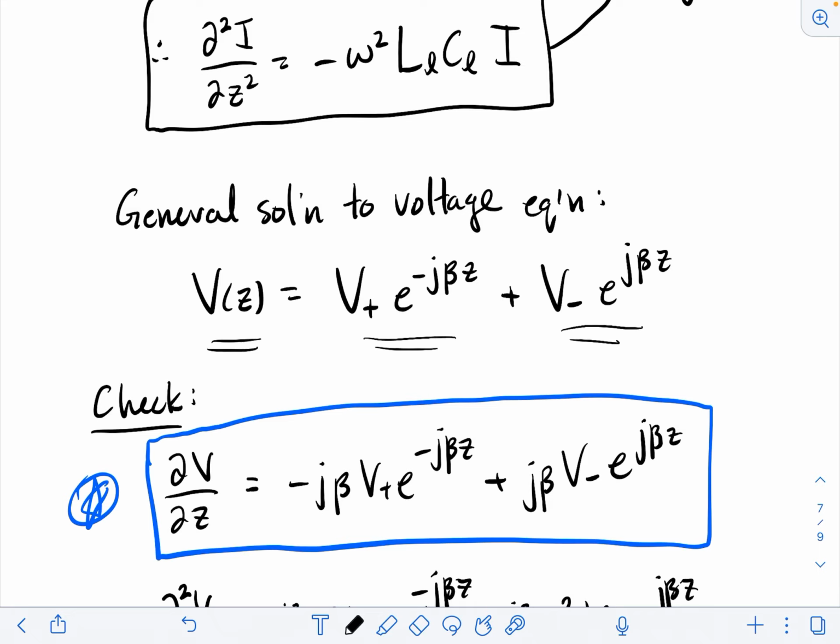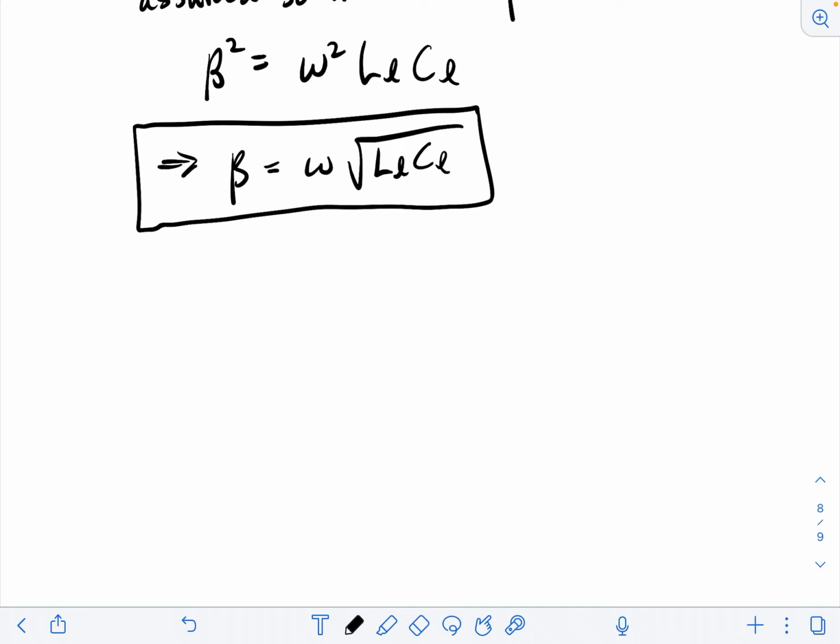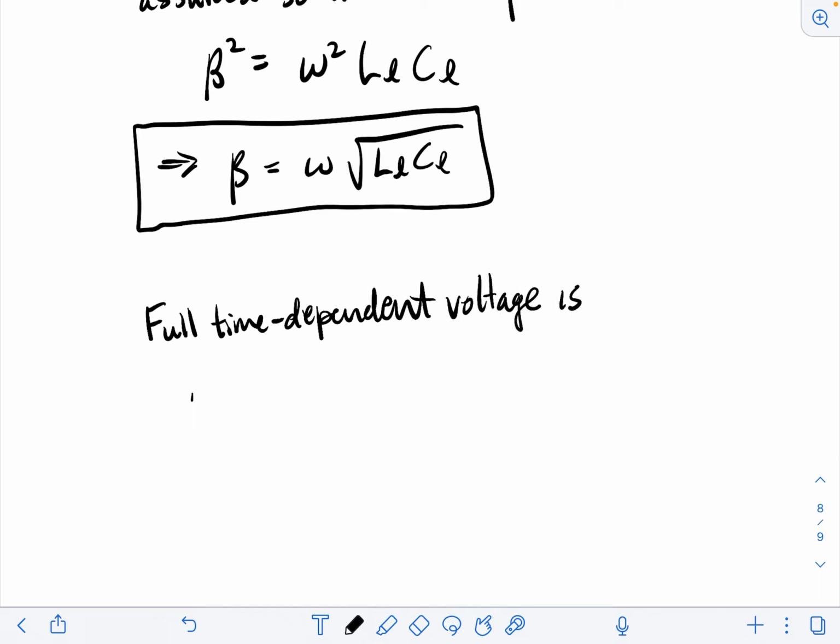Okay, so the full time-dependent voltage is given by V equal to the voltage amplitude times e to the j omega t. And now we have a solution for that full voltage amplitude.